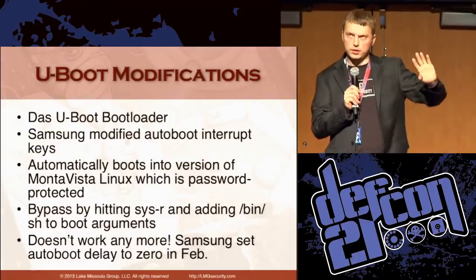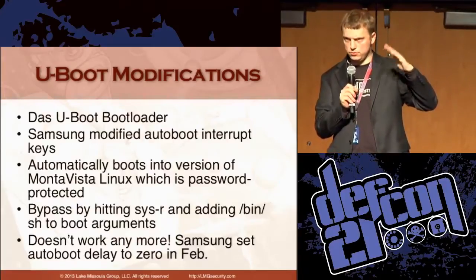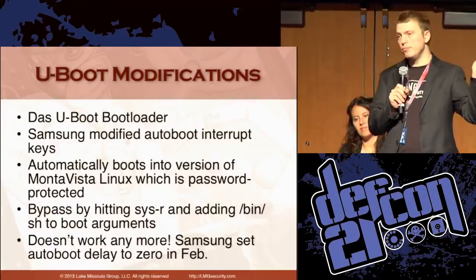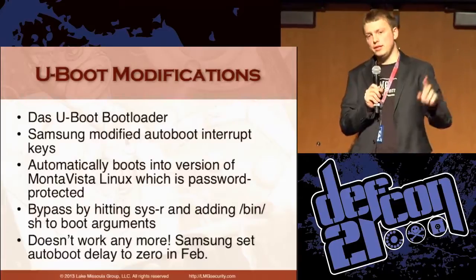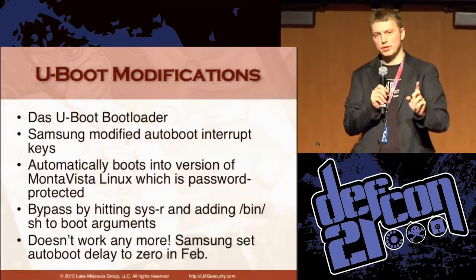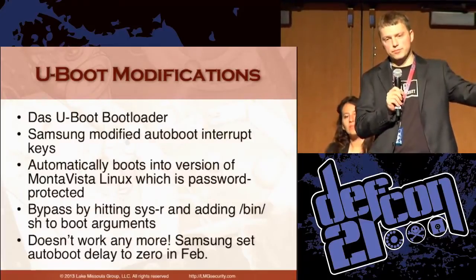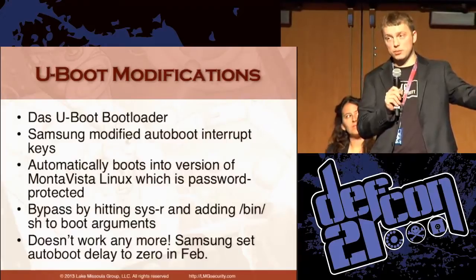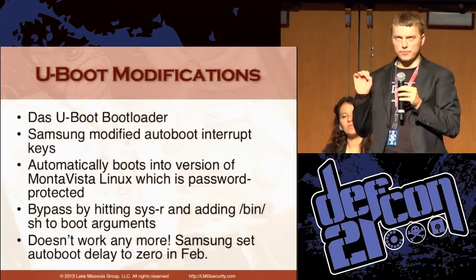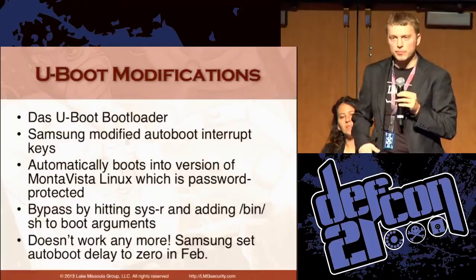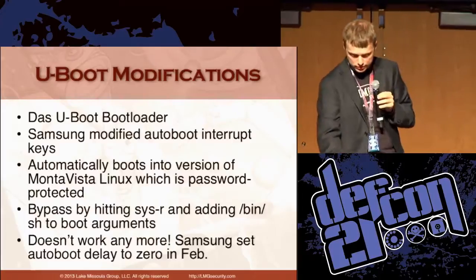And in the old versions, and old being this time last year, up through like January or February of this year, all you had to do to interrupt the boot process was, instead of hit any key, you would type SYS return. And the code for that was in Samsung's published source code. We actually didn't figure that out. That was another gentleman whose name I'm spacing on, but it's in our white paper, linked to his blog post about it. So we took that, and okay, we've got root access.